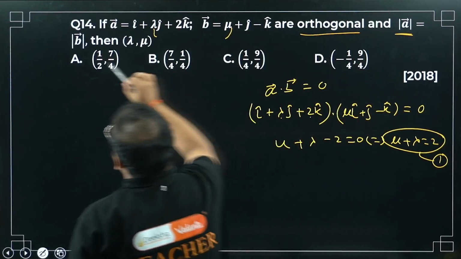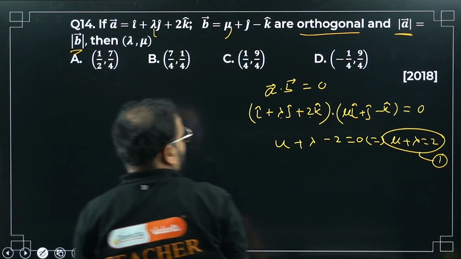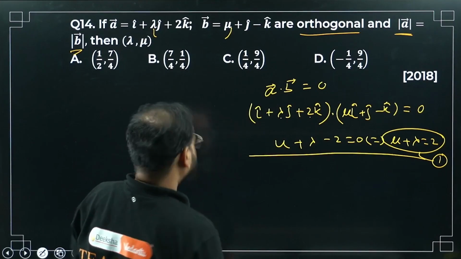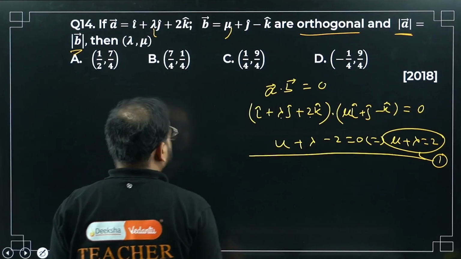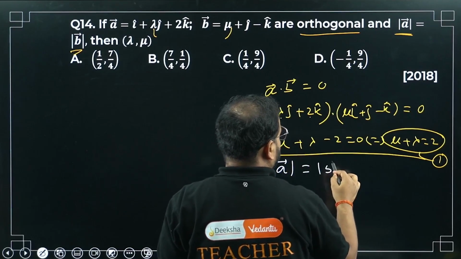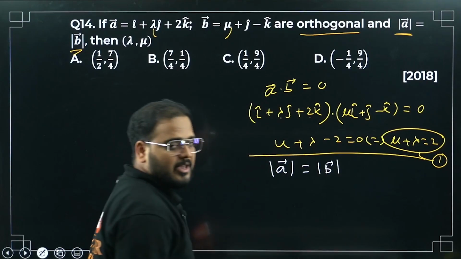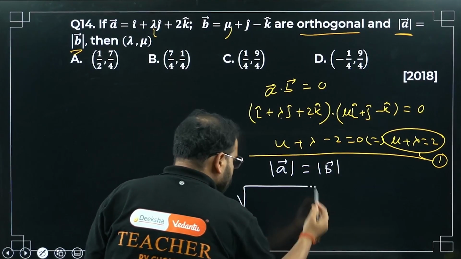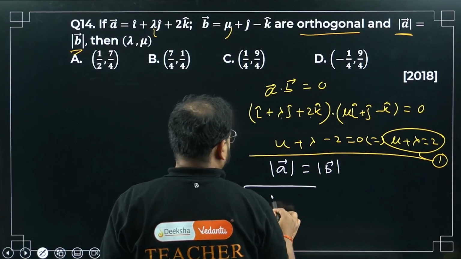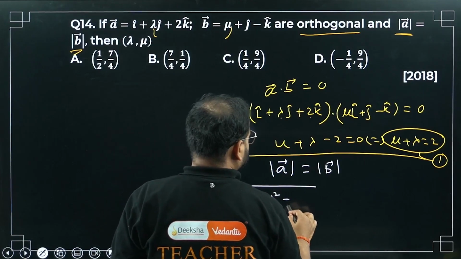So second condition is given over here. Please check, sir. They have given simple things, sir. They have given this. And how would you find the magnitude of a and b? Sir, root will come now, sir. Yes. So first for a, 1 plus lambda square plus 4, sir.